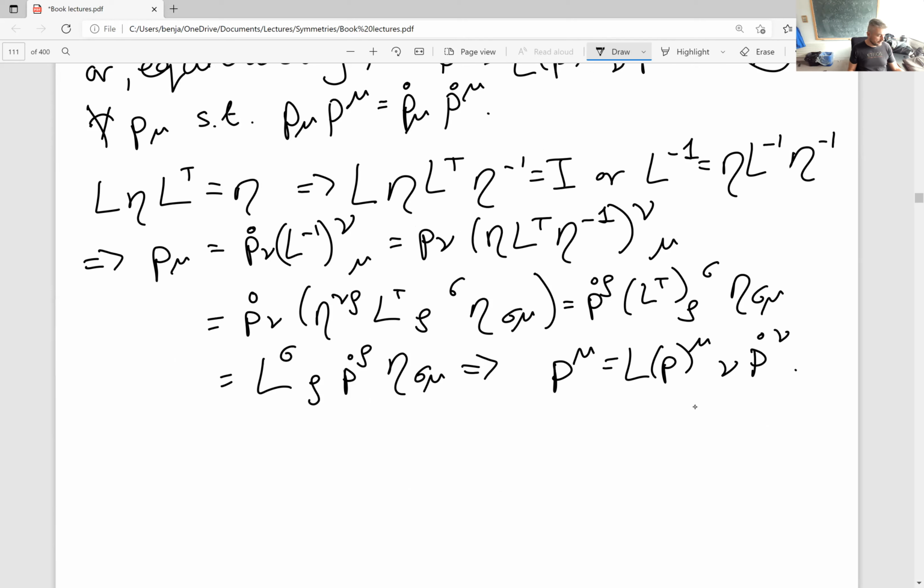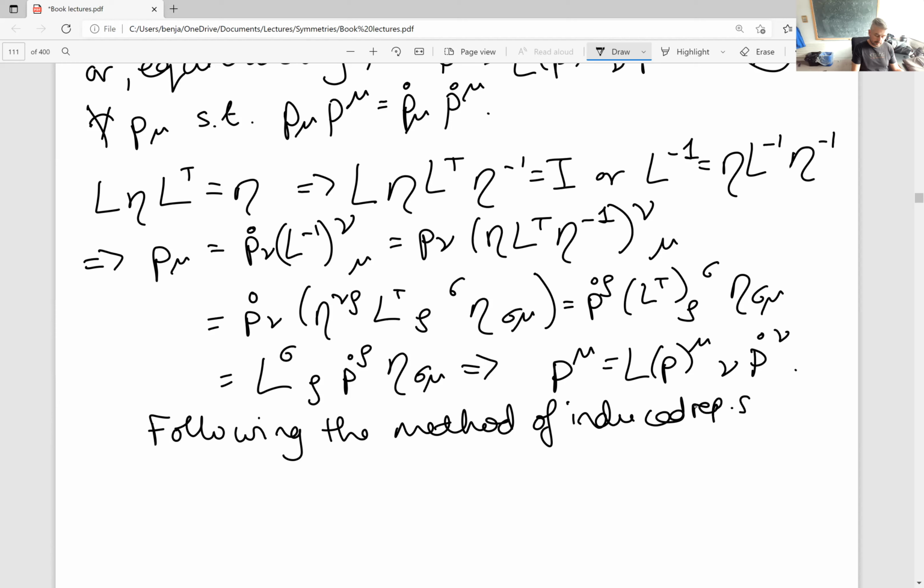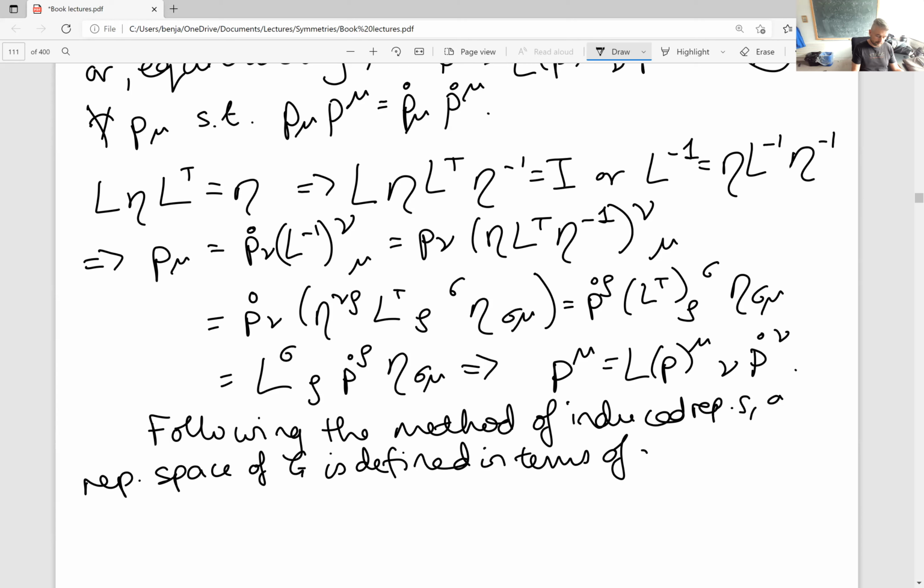So we need to define some basis. Following the method of induced reps, a representation space of G is defined in terms of a basis. That basis are these states P, which is some unitary operator that's going to now depend on this L of P acting on P dot.